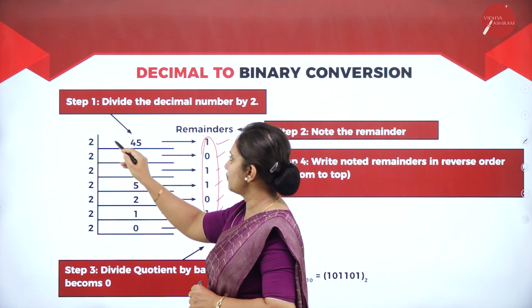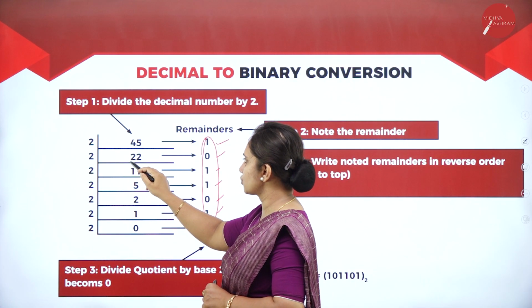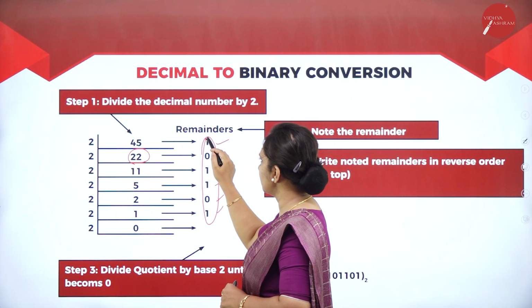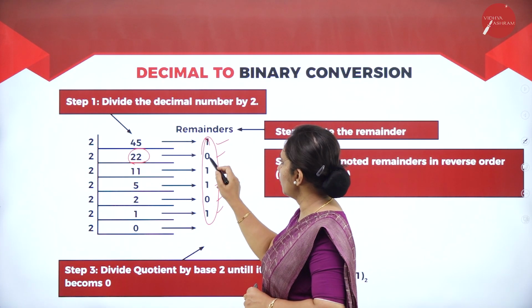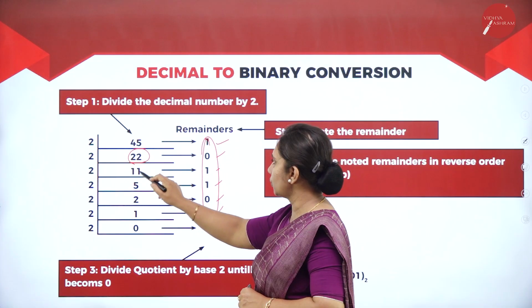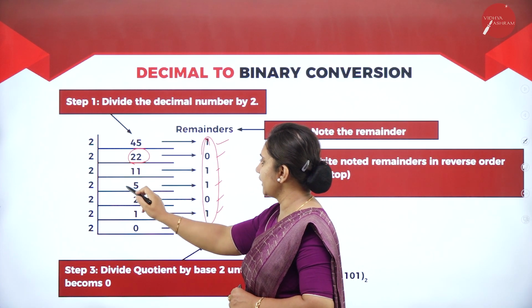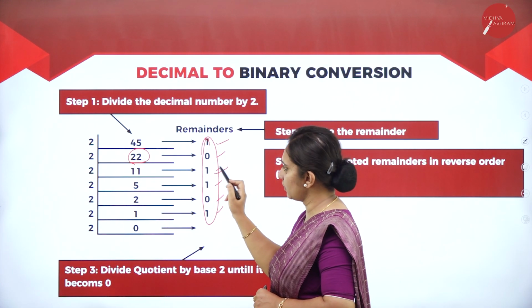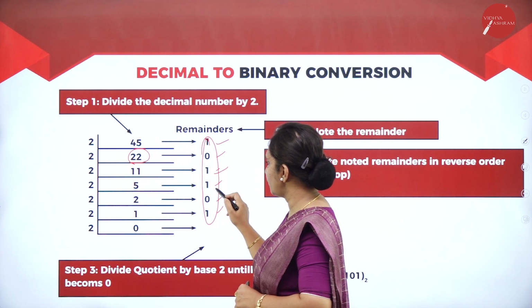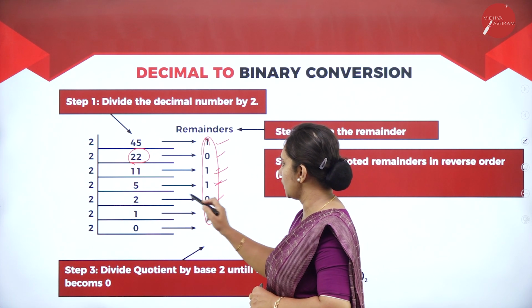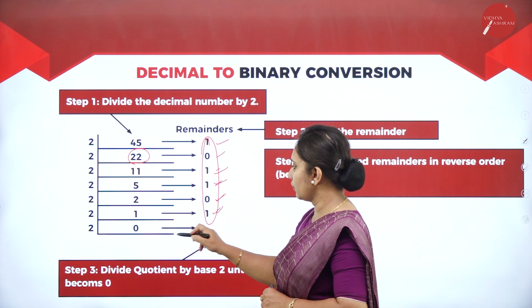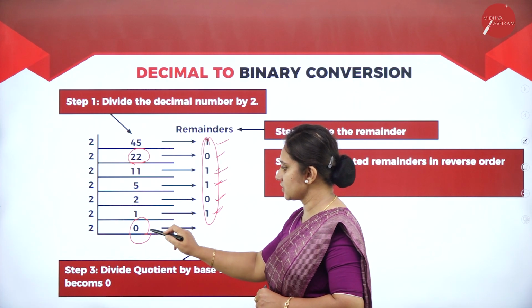Here when I divide 45 by 2, I get the quotient 22, and the remainder will be 1. Next, if I divide 22, I get 11 with remainder 0. Next, 2 5s are 10, the remainder is 1. And 2 2s are 4, again remainder 1. 2 1s are 2, remainder 0. And 1, the quotient will become 0 here.